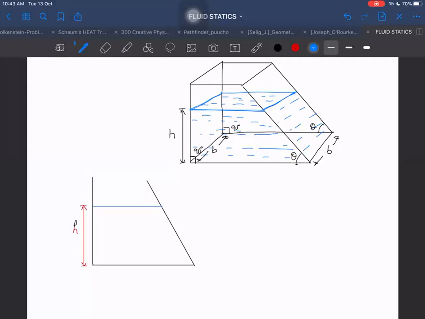Make some free body diagram, you can get the answer. What is the force on the left side wall?